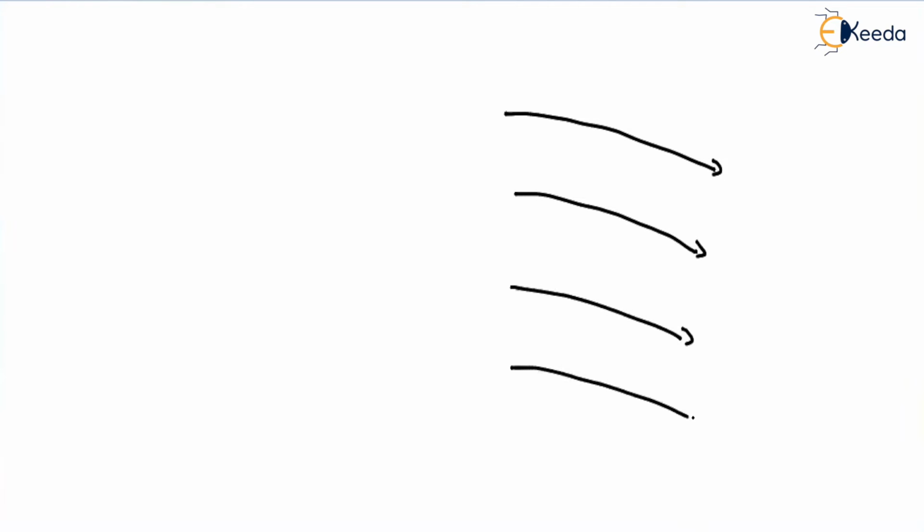For that, let us assume that I am considering four flow lines: flow line 1, flow line 2, flow line 3, and flow line 4. Let us assume that the flow has started at this point. For the equipotential lines, I'm drawing in blue pen.